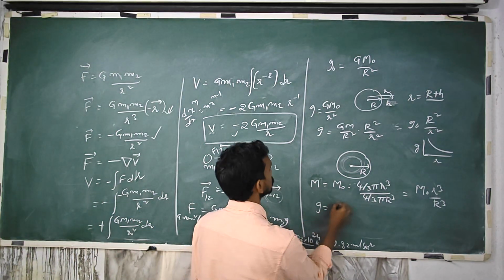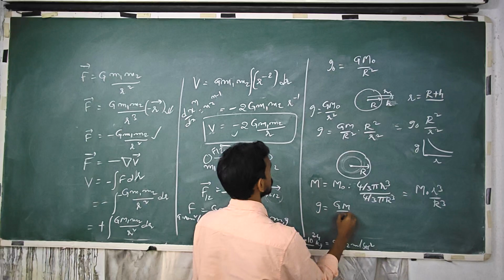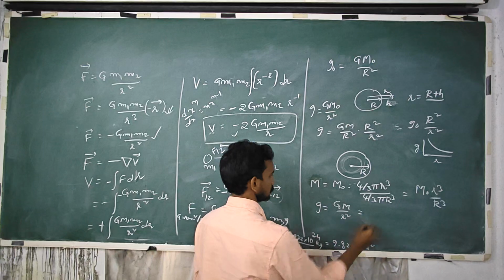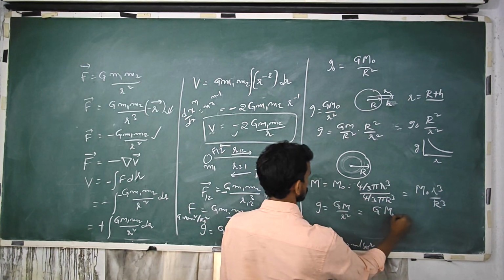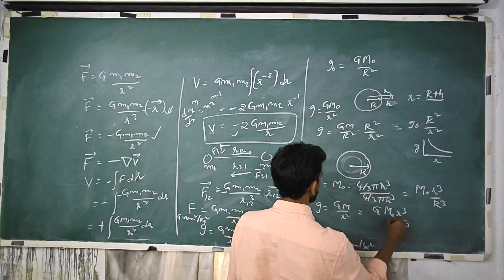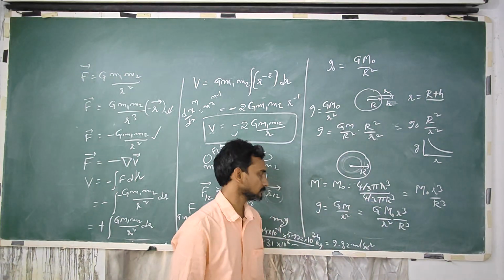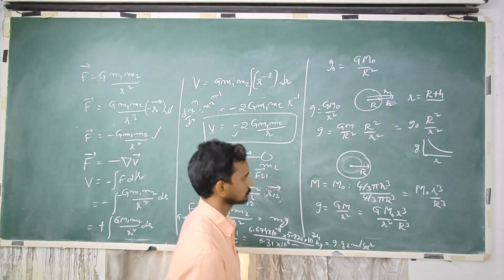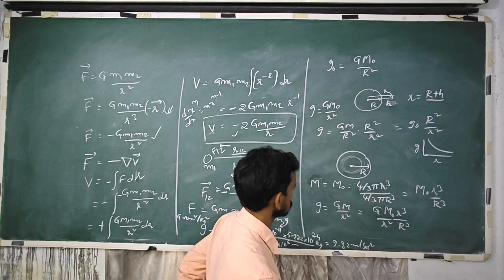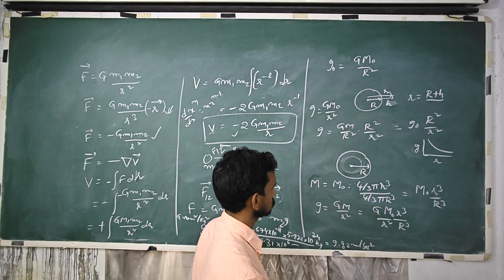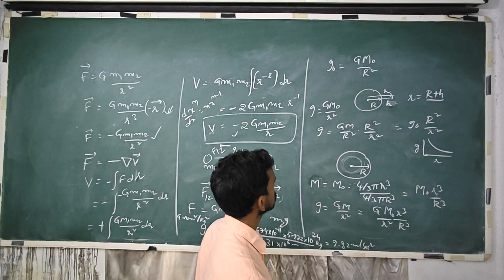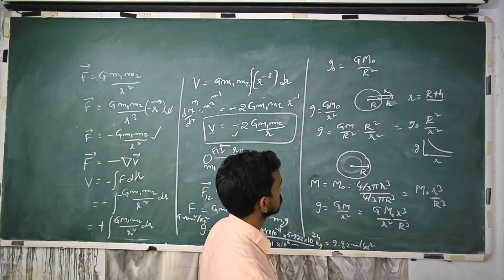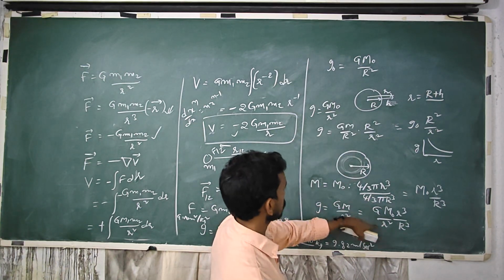So G is equal to Gm by r square, which is G times M naught r cube by R cube r square.